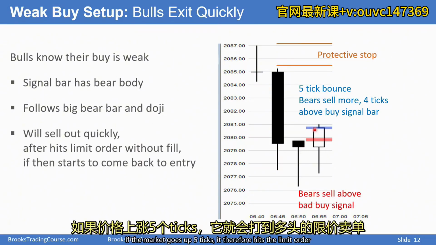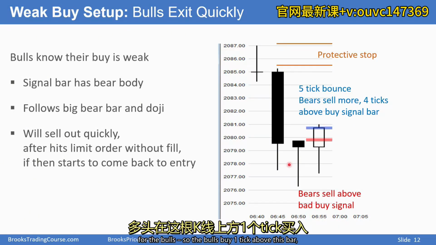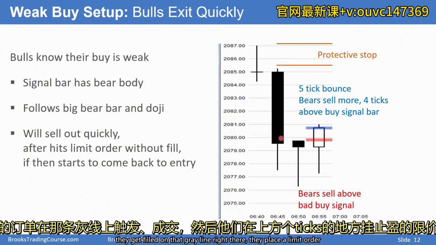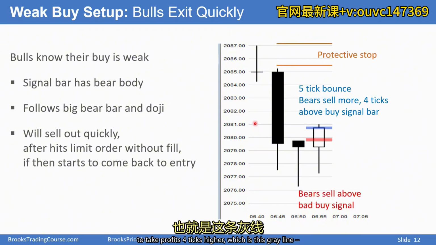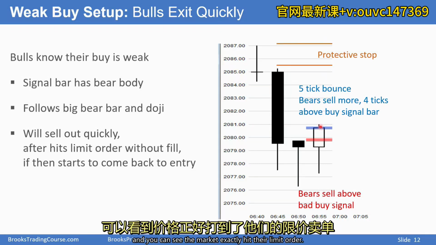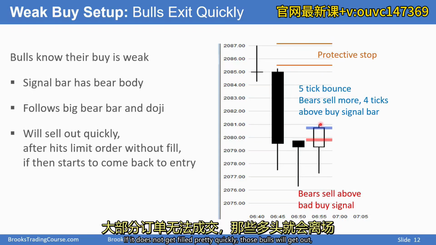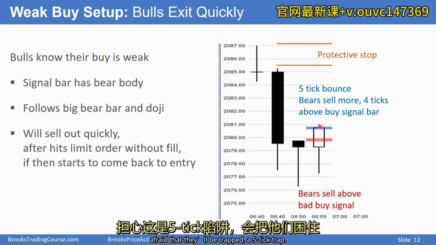If the market goes up 5 ticks, it therefore hits the limit order for the bulls. So the bulls buy 1 tick above this bar. They get filled on that gray line right there. They place a limit order to take profits 4 ticks higher, which is this gray line. And you can see the market exactly hit their limit order. If it does not get filled pretty quickly, those bulls will get out, afraid that they'll be trapped, a 5-tick trap.